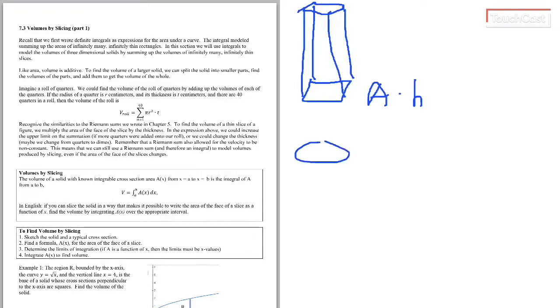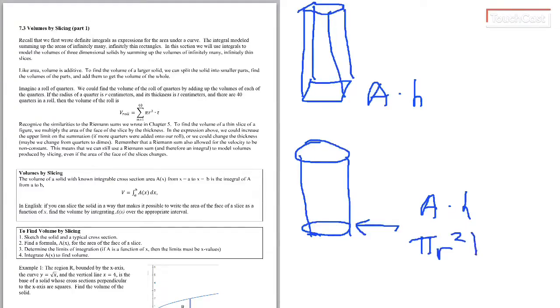We can find the volume of a cylinder by finding the area of the bottom, which is a circle, pi r squared, and multiplying by the height. So area times height. In this case, it would be pi r squared times height.